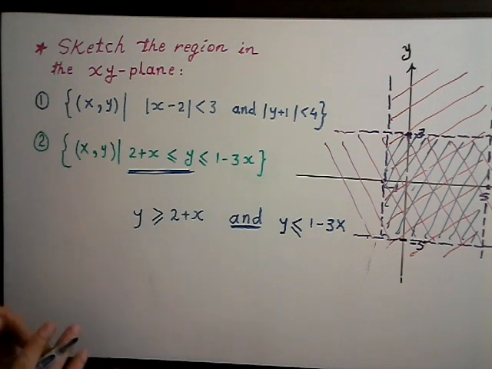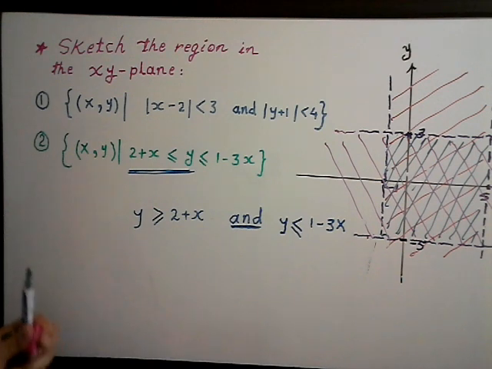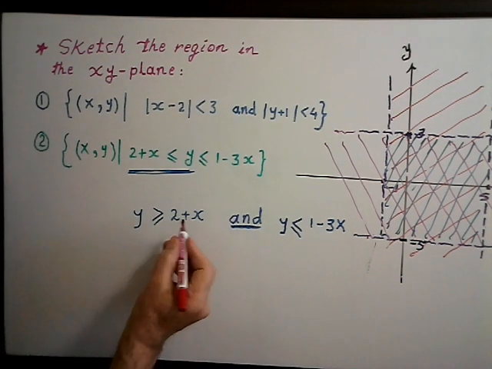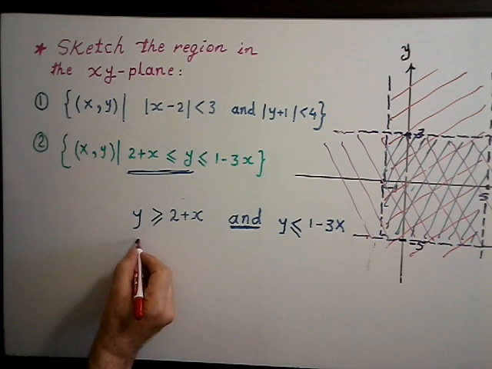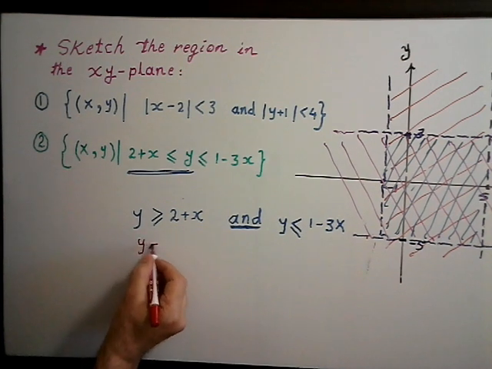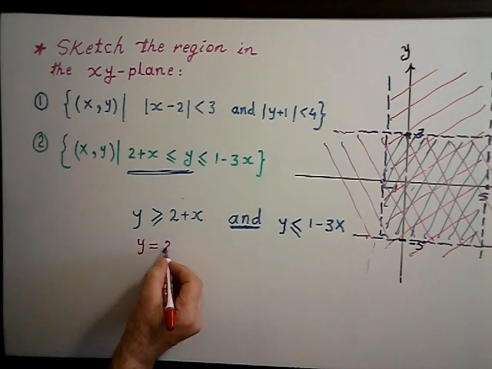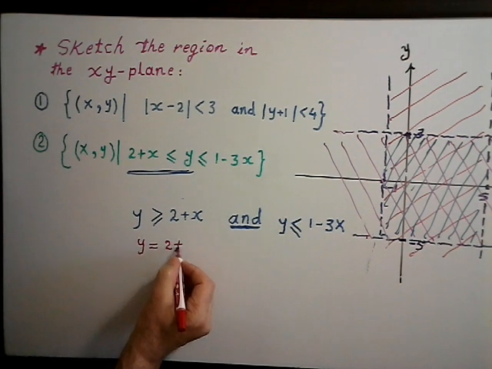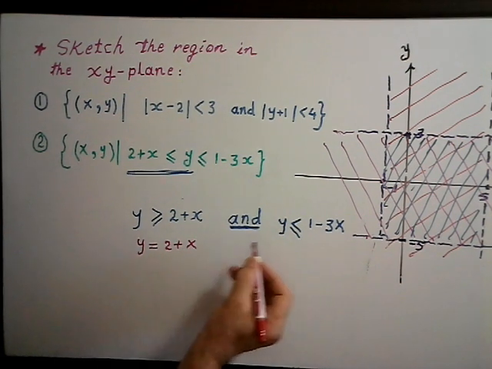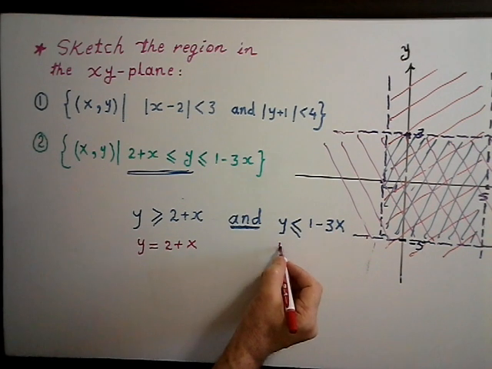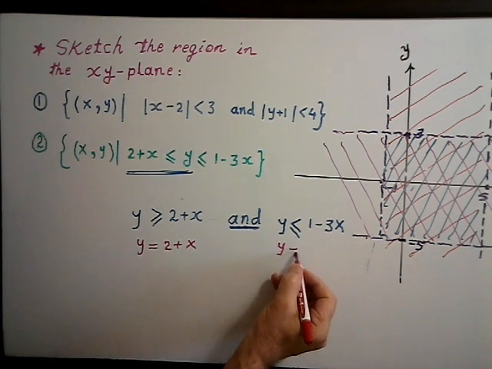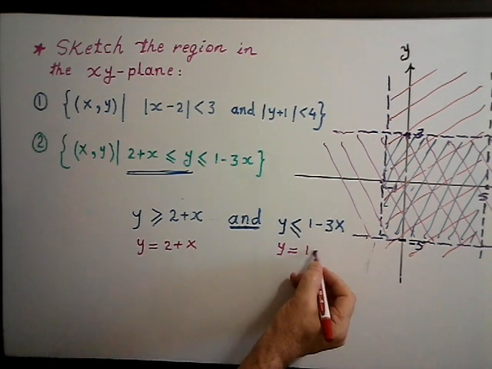So as we did in a previous lesson from the previous video, we draw the line y is equal to 2 plus x, and draw the line y is equal to 1 minus 3x.